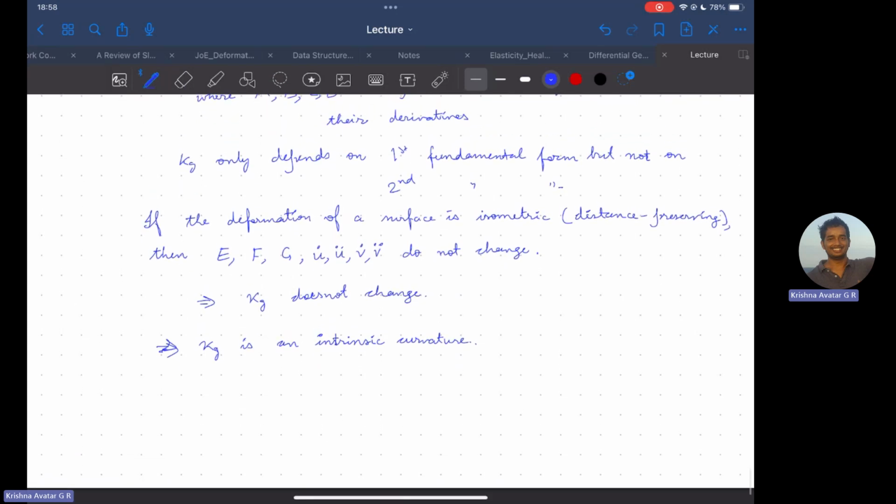And this is a very important result which will be used while modeling ribbons, that is, inextensible ribbons. So this kappa G being constant has a major role to play in the modeling of the energy function. Okay.